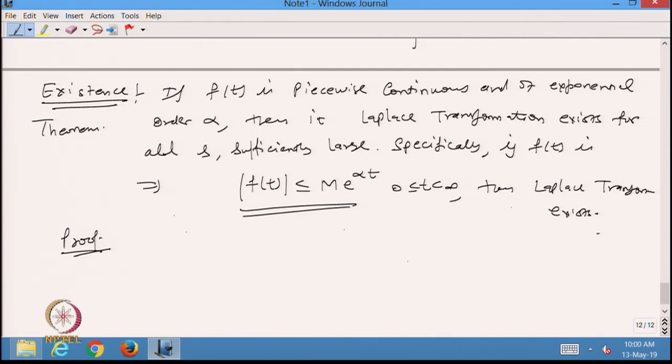Now I will take the help of the idea that here we are dealing with the Laplace transformation, which is an integration, and integration you can say is the extension of the summation, as we were doing in the case of series solution. We know that the absolute convergence of the series implies the convergence of the series.